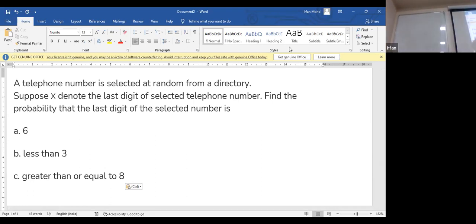Stop writing this. Sorry, you don't have it in discrete, you have it in continuous.